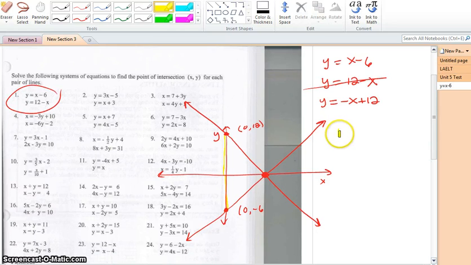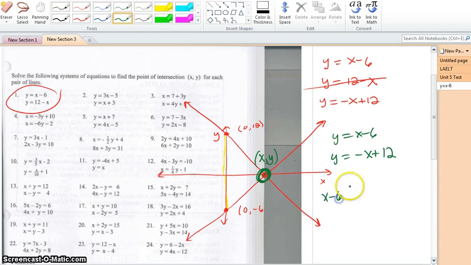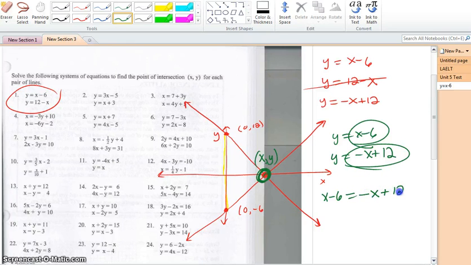So using the equations y equals x minus 6 and y equals -x plus 12, and the idea that the y's have to be the same at this point.